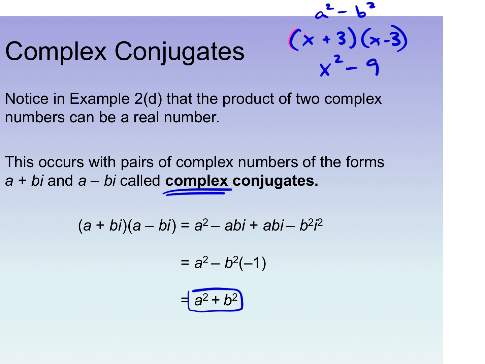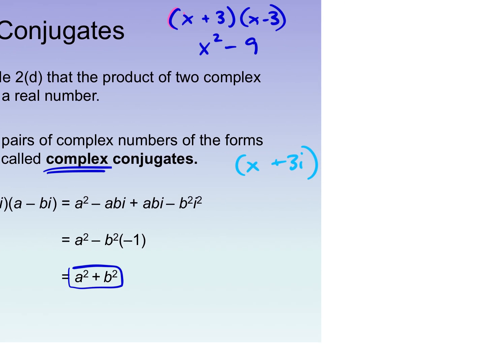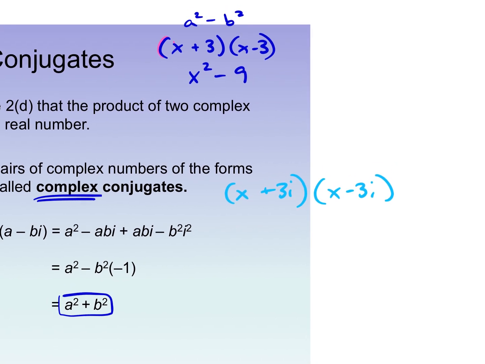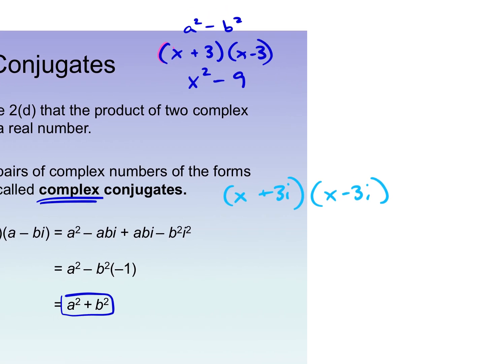So the complex conjugate shortcut, if I had something like, let's say, x plus 3i times x minus 3i. If we did just our regular conjugate shortcut, that a squared minus b squared, we'd have x squared minus 3i squared. So x squared minus 9i squared. And what does i squared change to? -1.